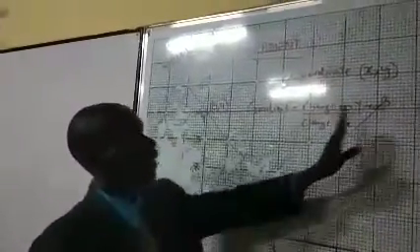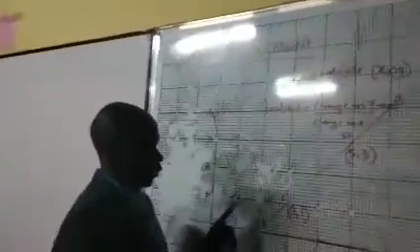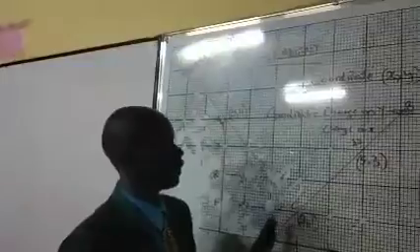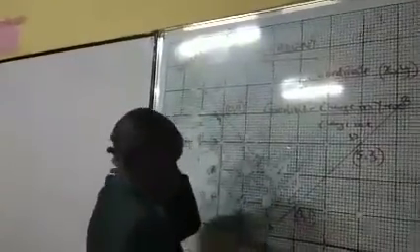So if we want the gradient of line AB, then we are going to use the 2 points that appear on the line AB. And the points we have are point C, which is 3, 1, and point D, which is 5, 3.